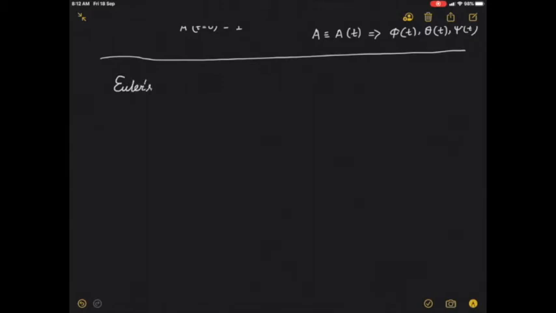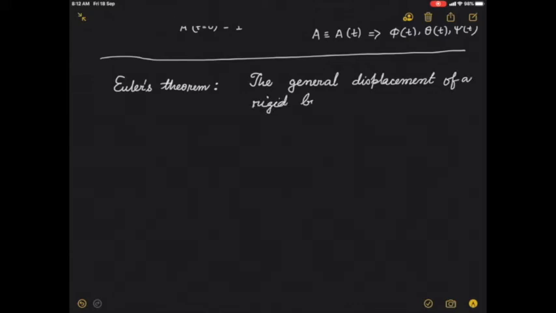And most of the things initially were done by Euler, so this is a theorem by Euler. It says the general displacement of a rigid body with one point fixed is a rotation about some axis. We'll dissect the theorem once we write it down, but let me just write it down first.